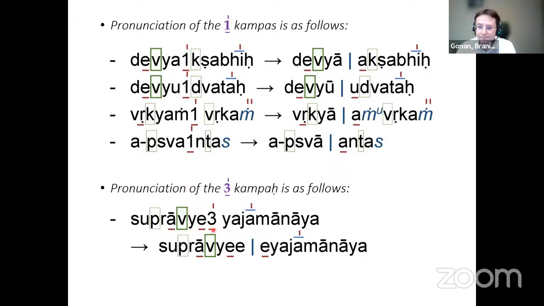So after this dirgham sound, when you see number 3, so this ye or e, only the vowel, should be chanted three times, 2 units of time, because this is dirgham, which we are chanting in udata, anudata, udata way.